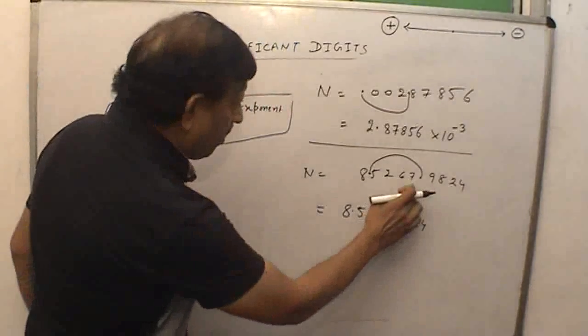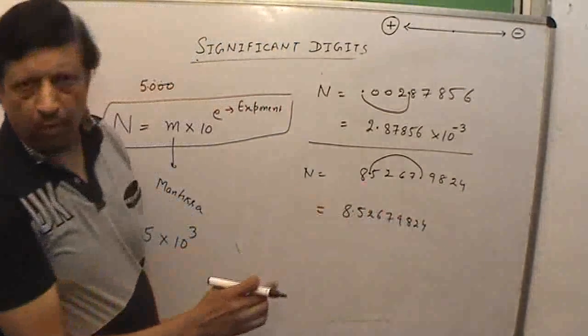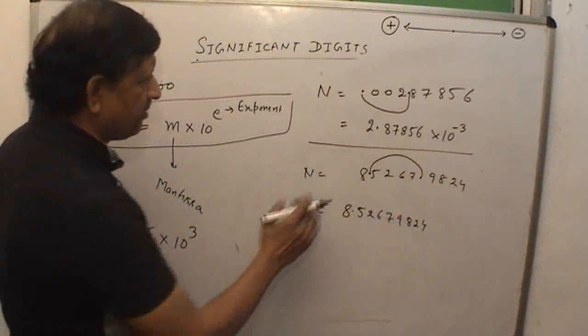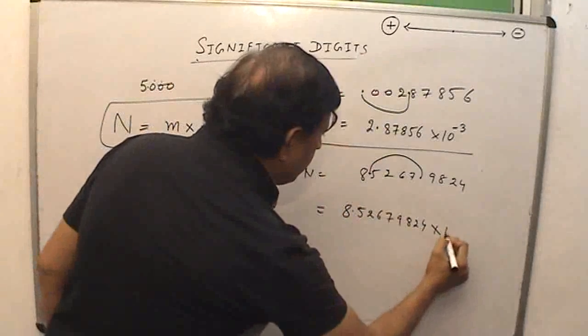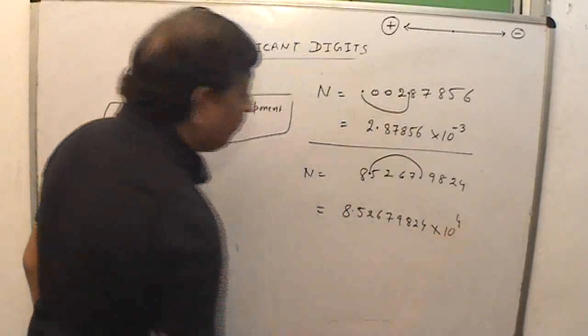How many places? 1, 2, 3 and 4 places have been shifted to the left-hand side. Then we write into 10 raised to the power 4.